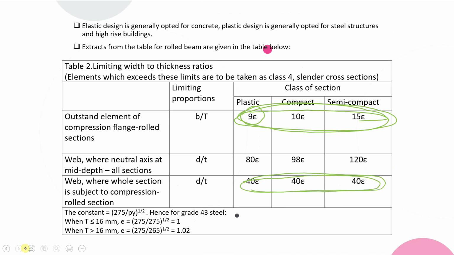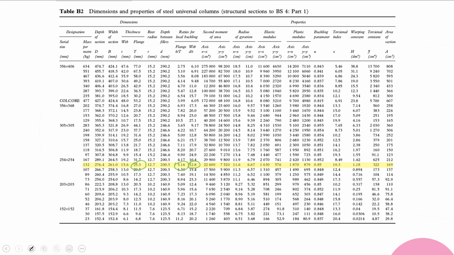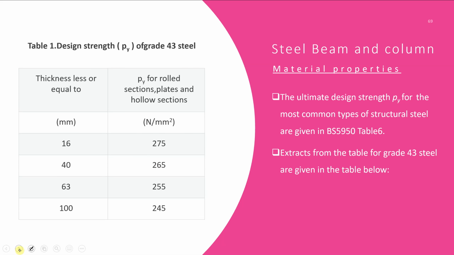What we need to do is check the Pc again, which is the compressive strength. rx equals 116. Where did we get this? We look at the table, which is the radius of gyration. Okay, 11.64 for the x-axis and 6.67 for the y-axis. So we can simply write it here, no need to refer many times.